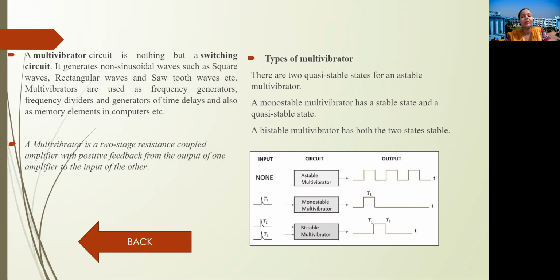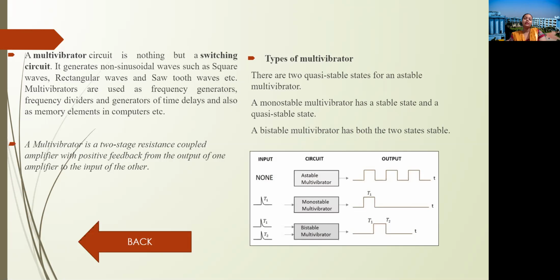So a multivibrator circuit itself is a timer circuit that produces square wave, sawtooth wave. Mainly, we use multivibrator circuit to produce square waves. It's a two-stage resistance coupled amplifier with positive feedback from the output of one amplifier to the input of the other.